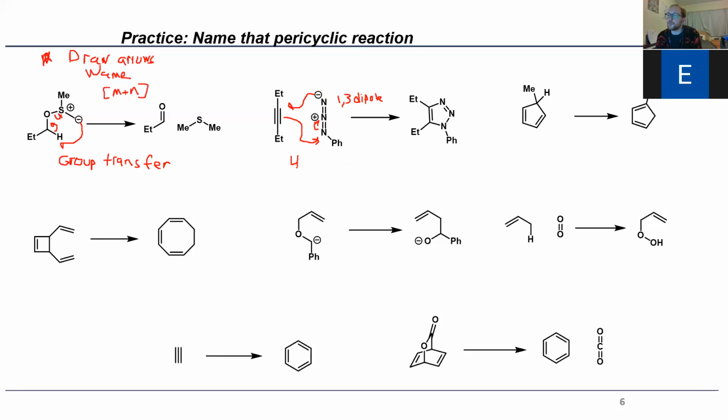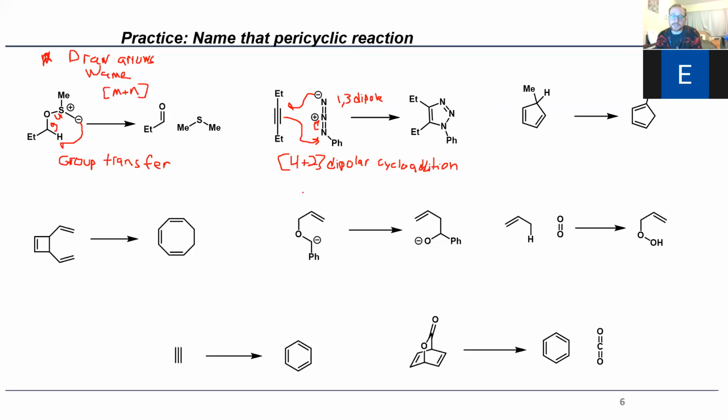So this is a 4 + 2 dipolar cycloaddition. Right, and you can recognize here that we're bringing together 2 pi systems to exchange pi bonds for a sigma bond.